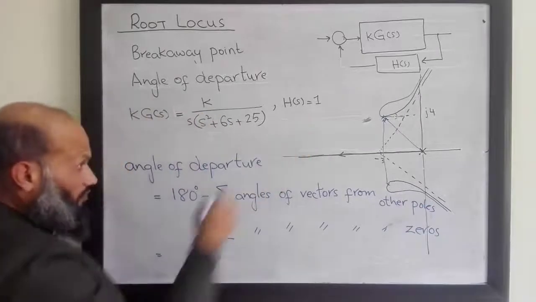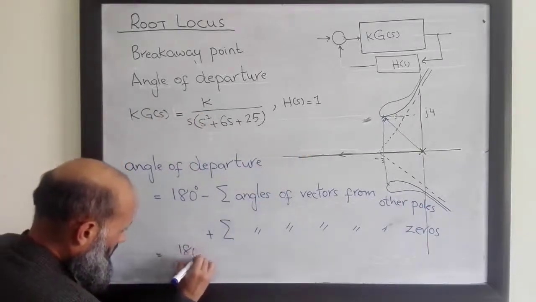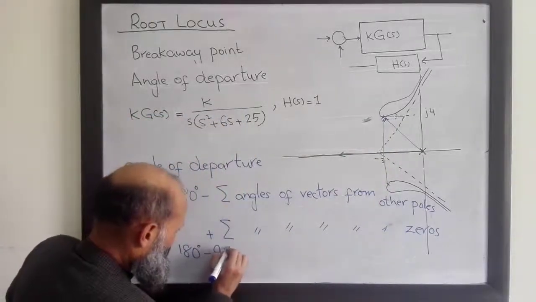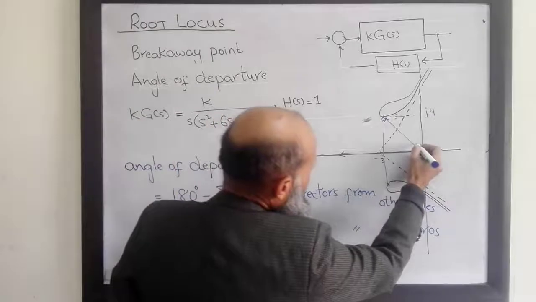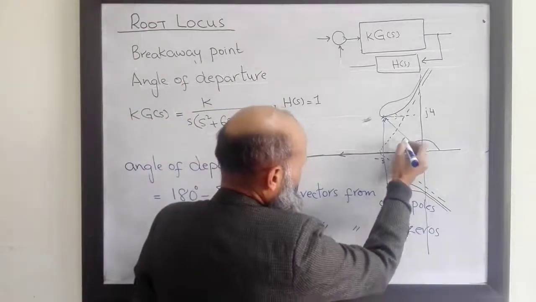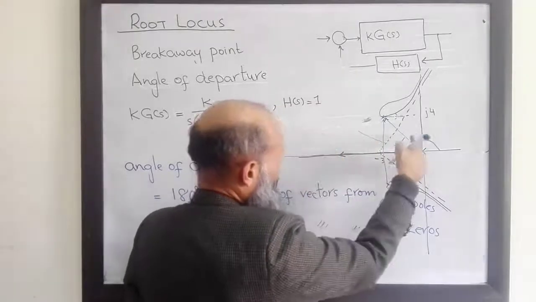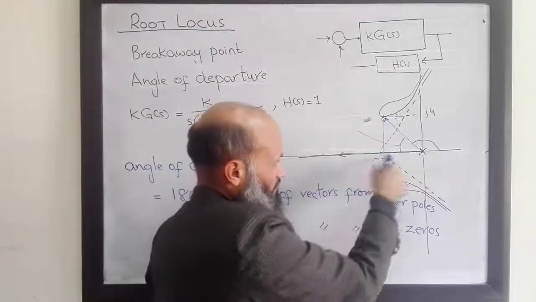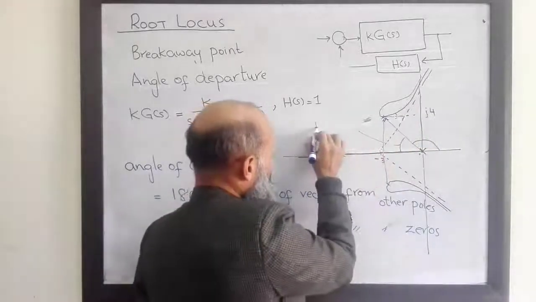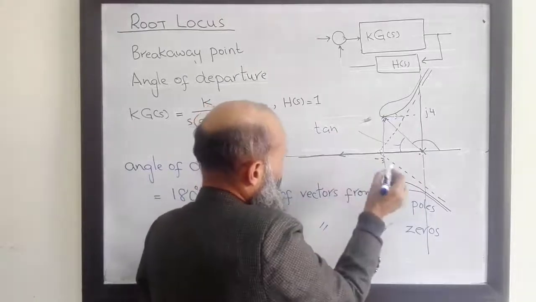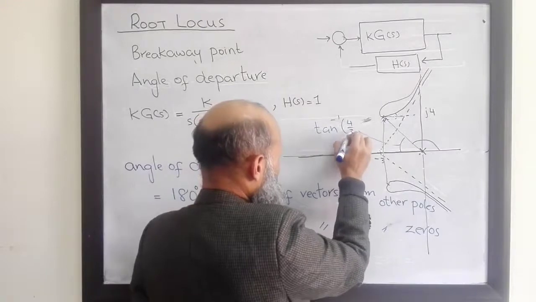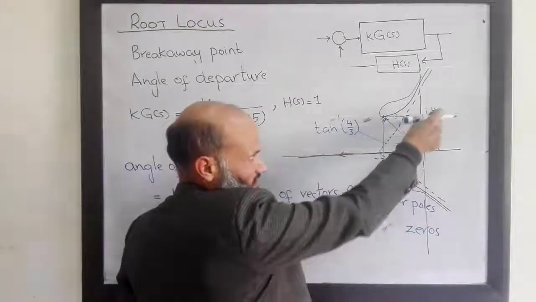So for this particular problem, this angle is 180 degrees minus this angle, 90 degrees, and this angle can be determined. What is this angle? Tangent of this angle is 4 by 3. This length is 3, this length is 4.